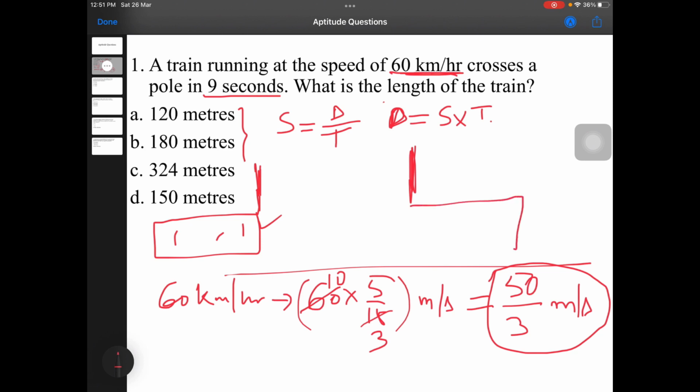This is the front part of the train. This is the back side of the train. So the time taken by this train to cross this pole, from the front part till the train completely crosses the pole, that means it crosses the back side of the train, is 9 seconds. So we can take the distance traveled by the train as the length of the train.